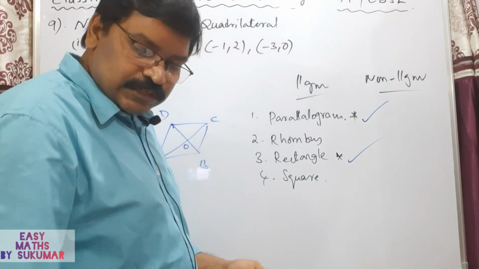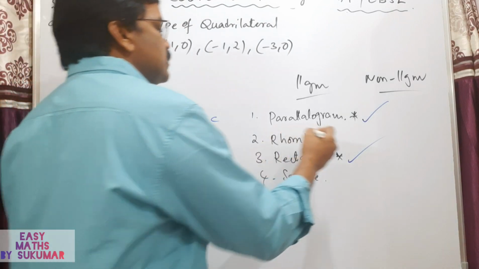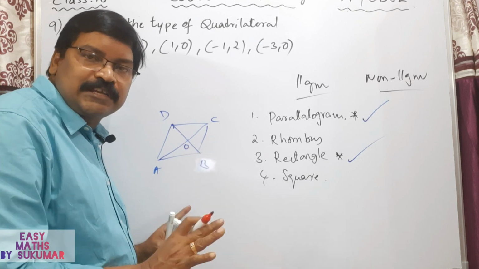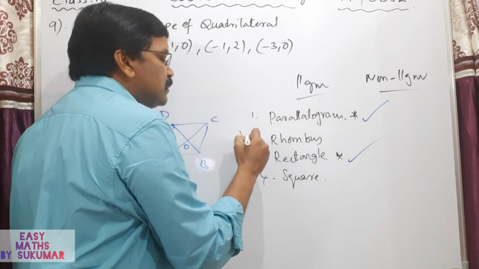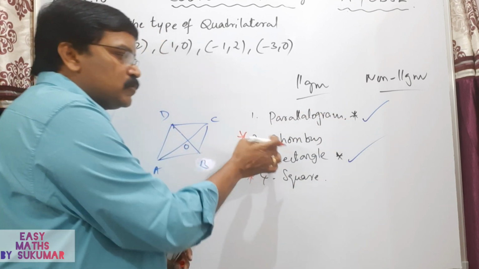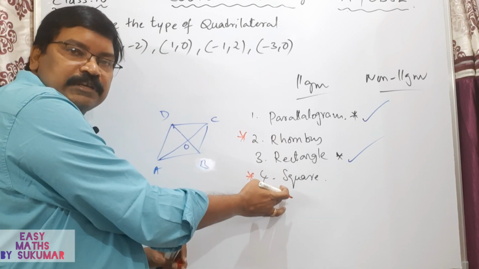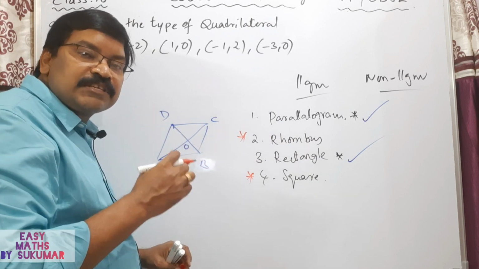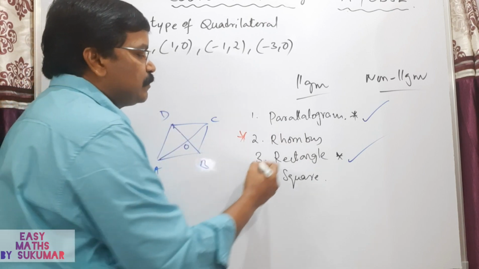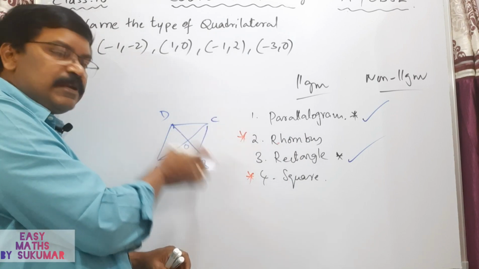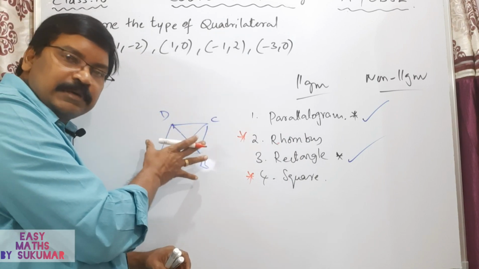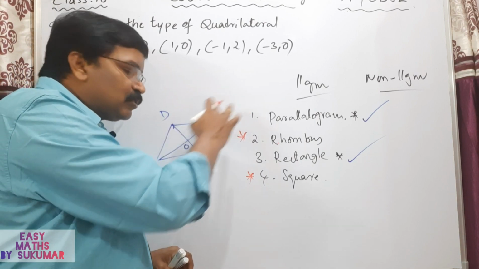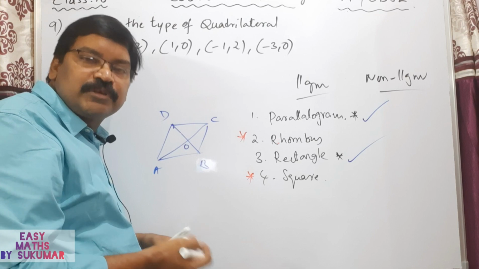And what is next here, students? Rhombus and a square. In a rhombus and a square, all the four sides are equal. In the rhombus, the diagonals bisect each other at right angles. That means if ABCD is a rhombus, then AC and BD are perpendicular to each other.